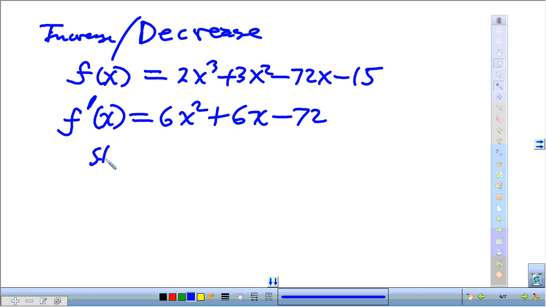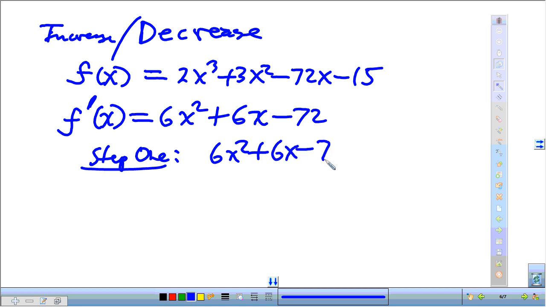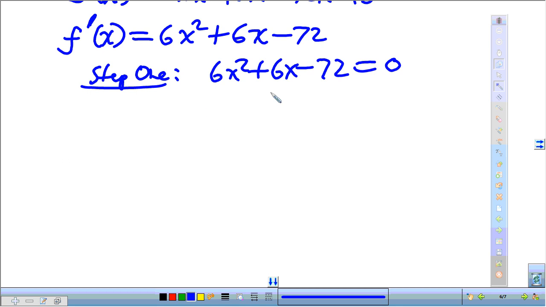And so our step 1 is, when is the derivative equal to 0? We'll need to know where it's positive and negative to answer increase and decrease. So we start with where it's doing neither, it's just 0. And so we might solve this different ways, but I notice there's a common factor of 6.